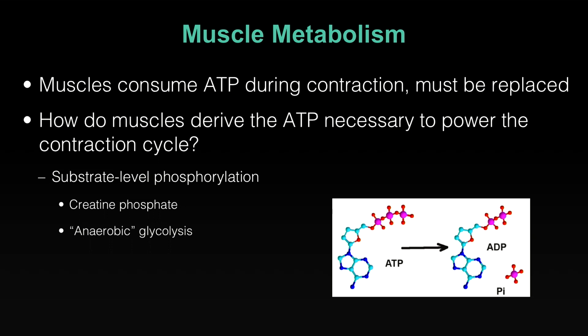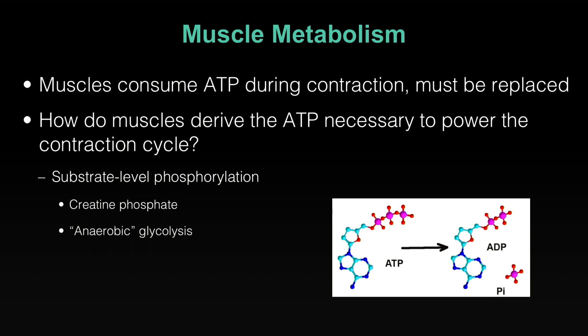One is most correctly called substrate level phosphorylation. So a molecule is directly phosphorylated. Substrate. The molecule, the subject of the reaction, is phosphorylated.